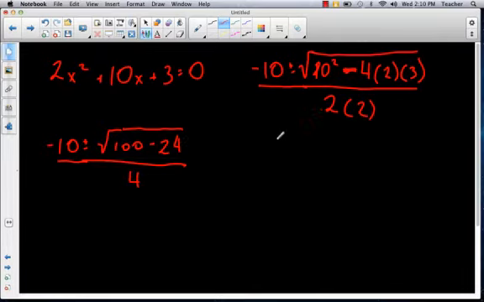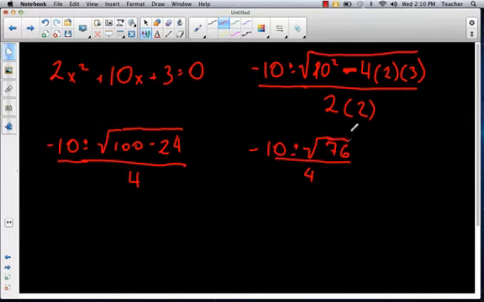Now, if we simplify this again, it'll be negative 10 plus minus square root of 100 minus 24, which is 76. And we take that over 4. Now, it's times like these where it gets really complicated, especially with the square root.